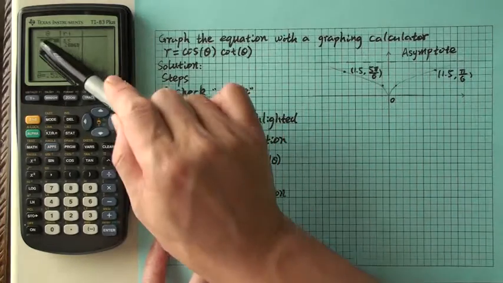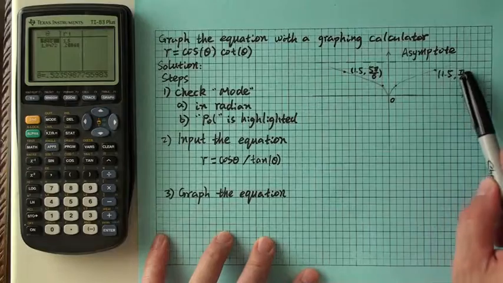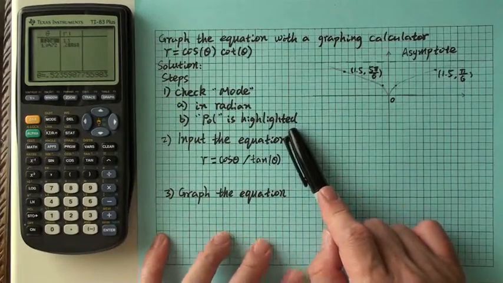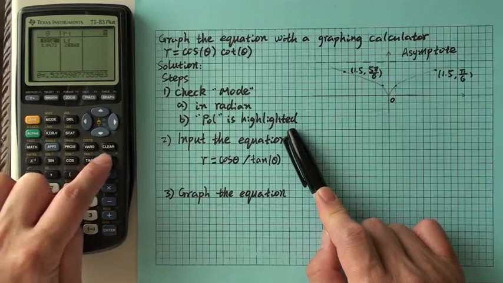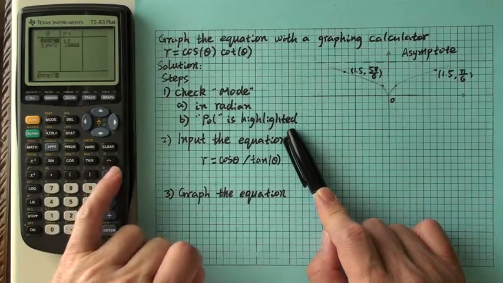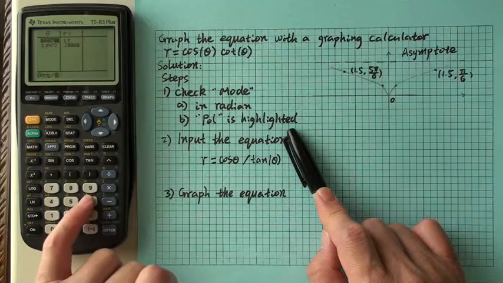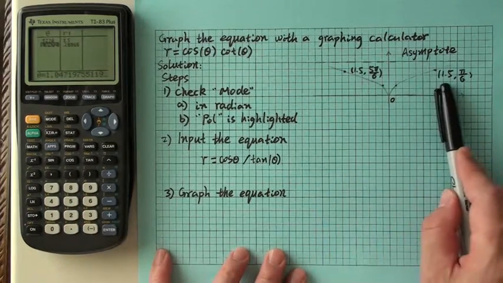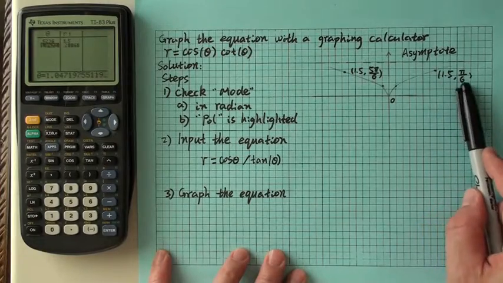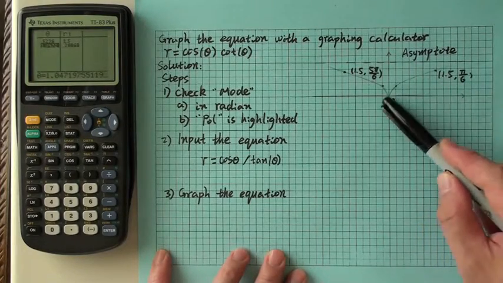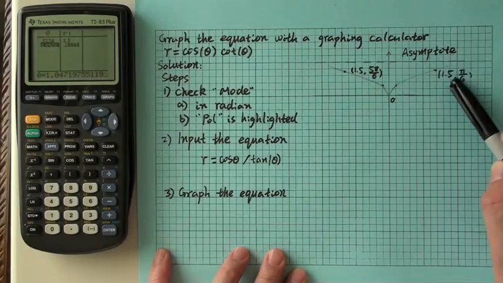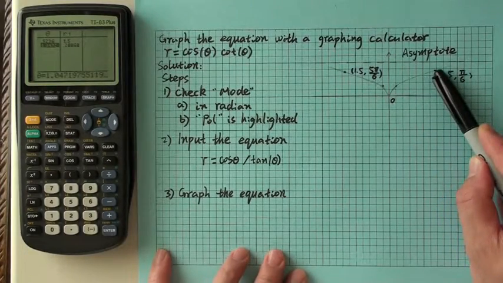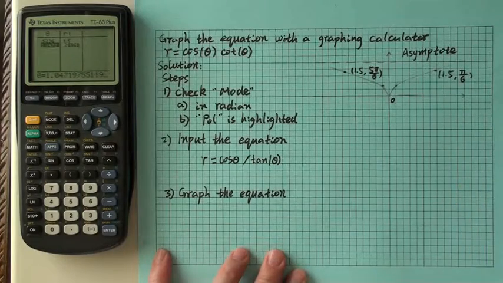You want to input theta, that's pi over 6, then you should have 1.5. So you do second pi divided by 6. You hit enter, it gives you 1.5. So pi over 6 is 30 degrees, and 1.5 is the r value. So it reaches here.